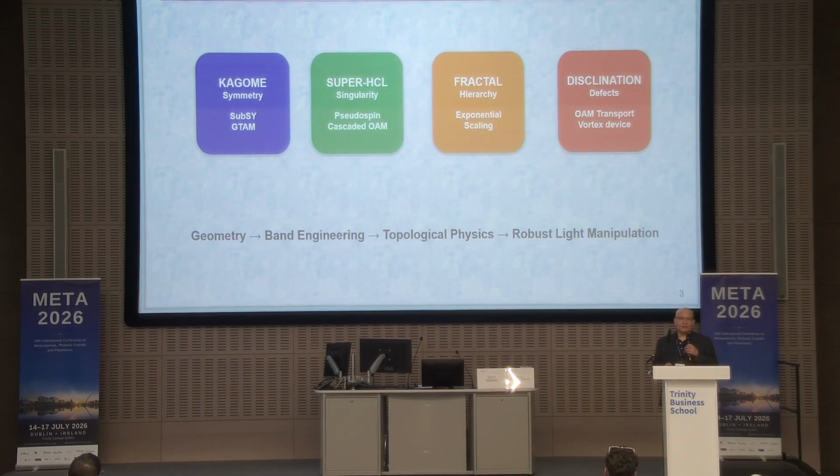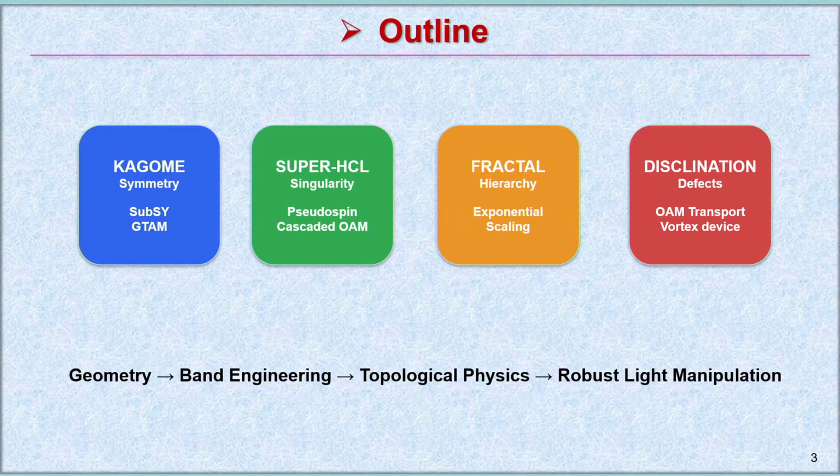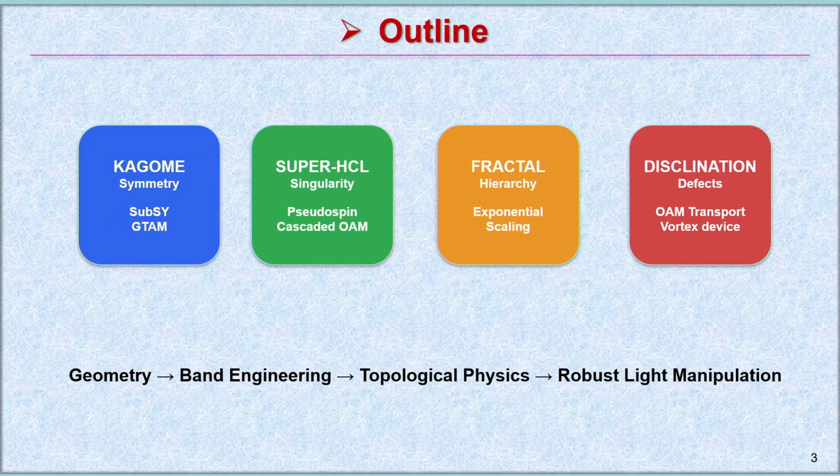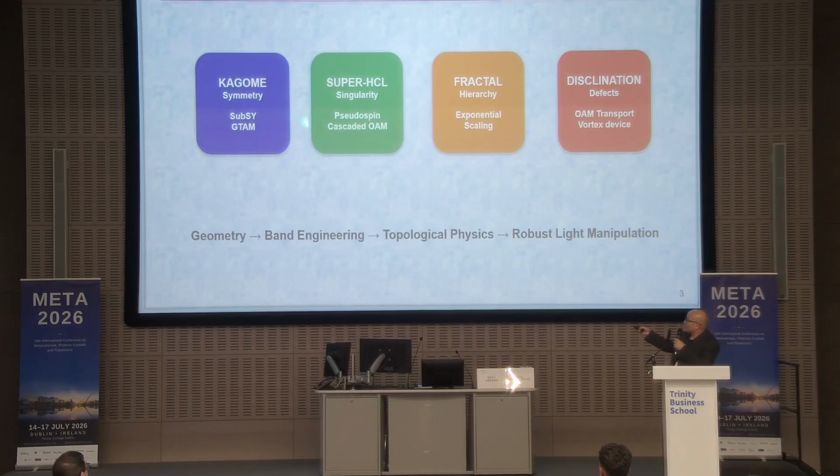So this is the outline. Mainly I will talk about 4 parts. The first part will be the fundamental Kagome structure, maybe with a slight deviation of the unit cell, and then go to super honeycomb lattice, then fractal structure, then disclination lattice.